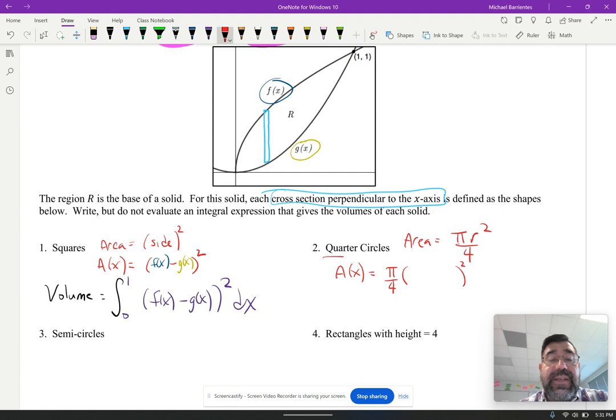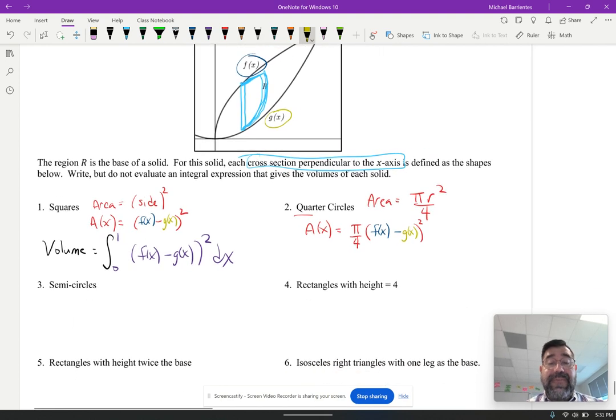I need to find the radius, but if you think about it, if this is a quarter circle, then the quarter circle is going to look like this. It's standing up, right? So if this is a quarter circle, this length of the rectangle is the radius. So therefore, this is just f of x minus g of x.